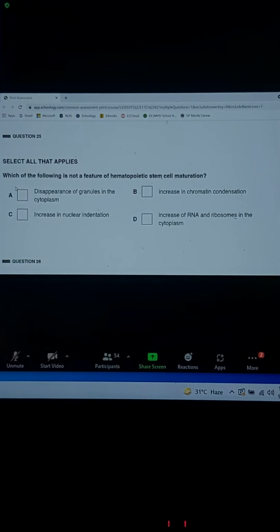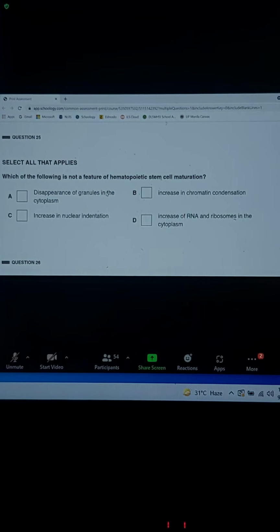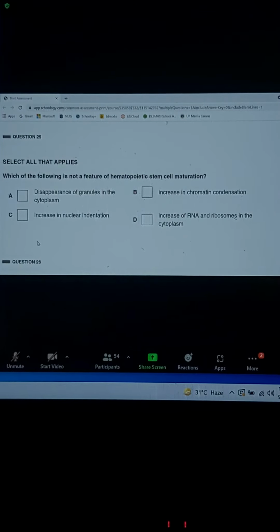Question number 25, which of the following is not a feature of hematopoietic stem cell maturation? Alin daw dito ang hindi nangyayari during stem cell maturation? Ang letter A, nangyayari ba siya? Hindi.